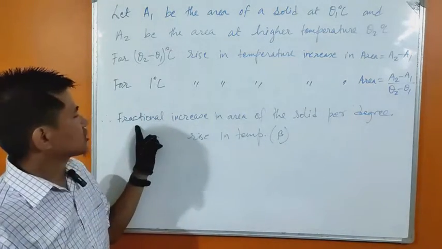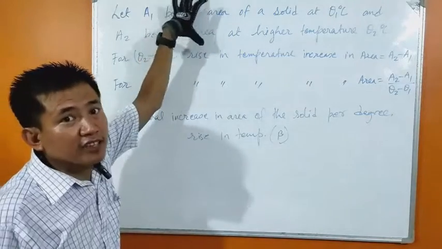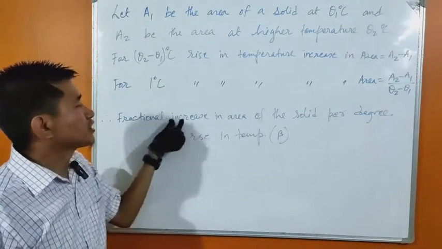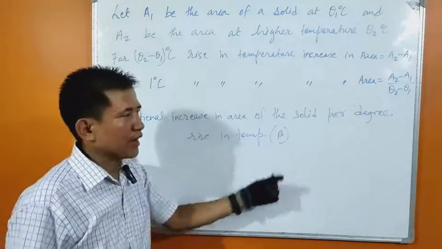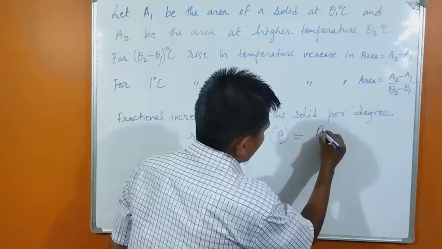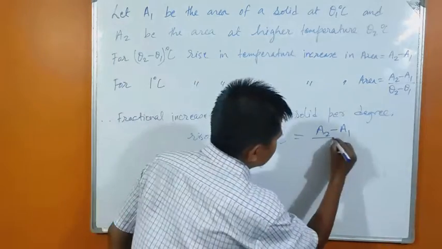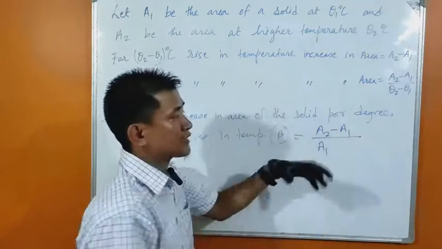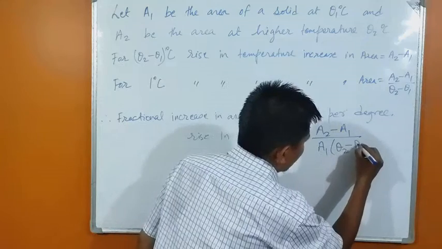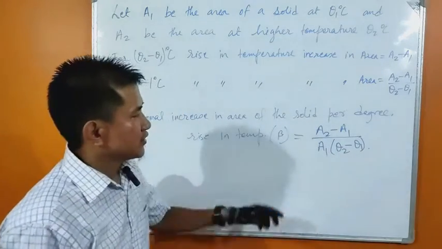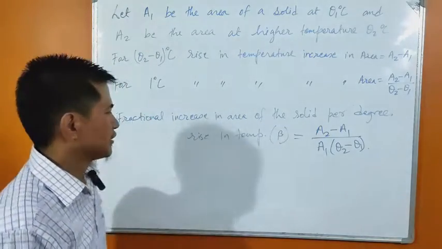This is the definition of coefficient of superficial expansion, which I had already written and you saw. Fractional increase in area of the solid per degree rise in temperature, beta, equals A2 minus A1, the increased area, divided by the original area, which is the fractional increase in area, into theta 2 minus theta 1.